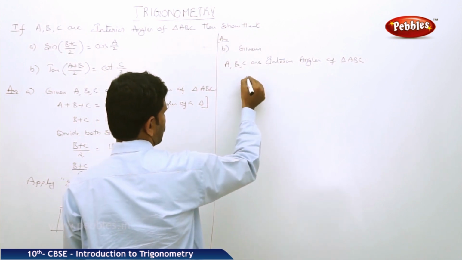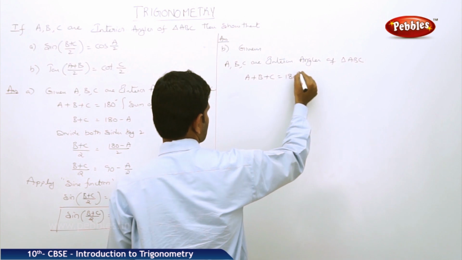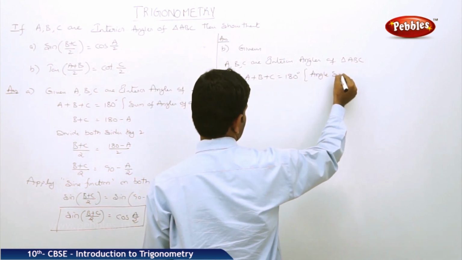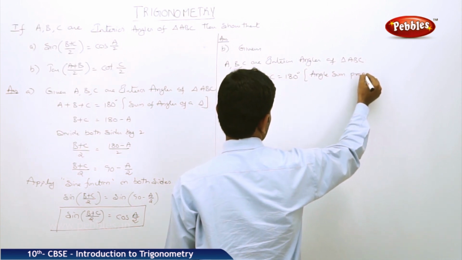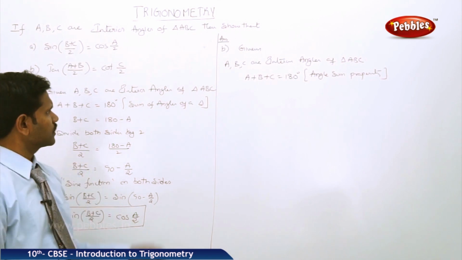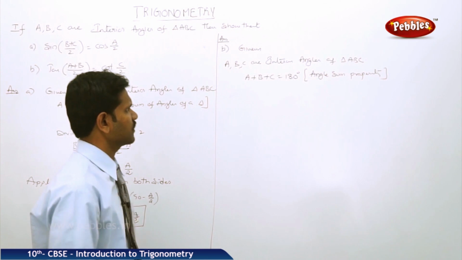That is, A plus B plus C is equal to 180 degrees. Reason: angle sum property. Here, sum of angles of a triangle and angle sum property are both the same.